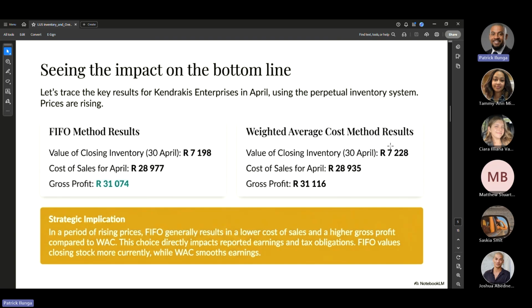And here for weighted average it is slightly more, 7,228. Do you see that? Obviously, depending on the company, this might be a small difference, but let's say we are talking in millions or in billions.